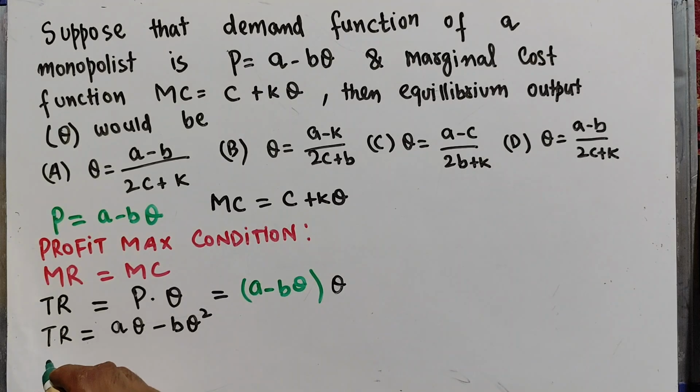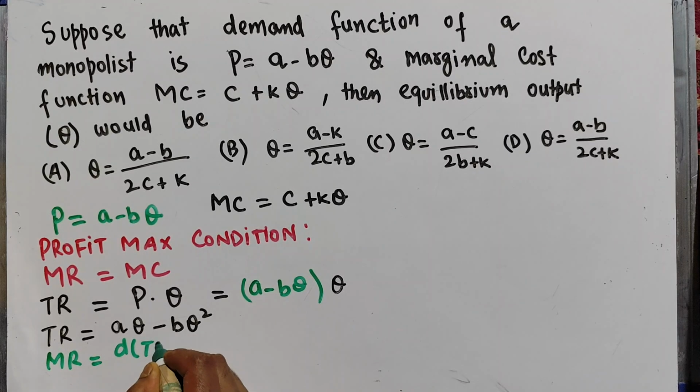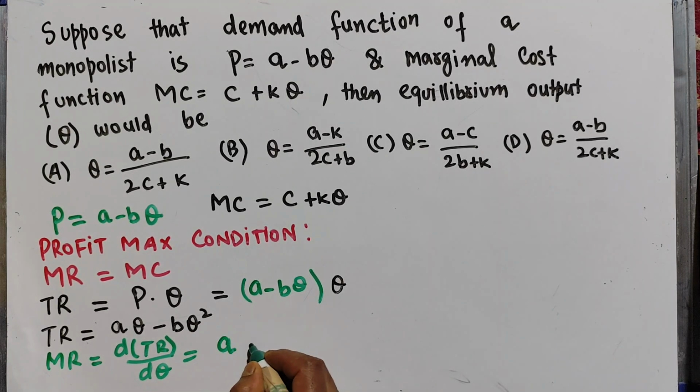Now the marginal revenue function for the monopolist will be equal to the change in the total revenue due to the change in the output. That is the derivative of this total revenue function with respect to Q. The derivative of Q in the first term is 1, we are left with A, and the derivative of Q square in the second term is twice Q, so it becomes twice BQ.